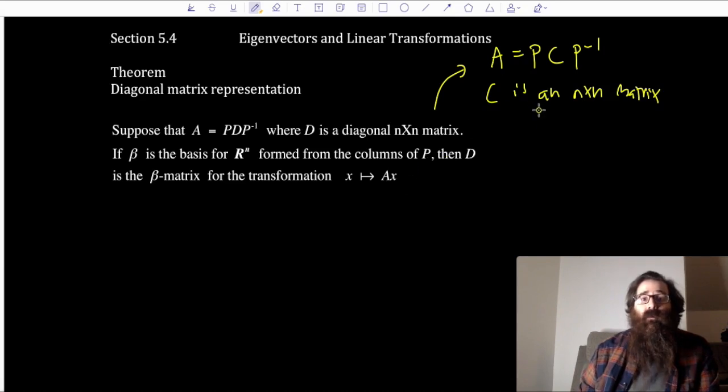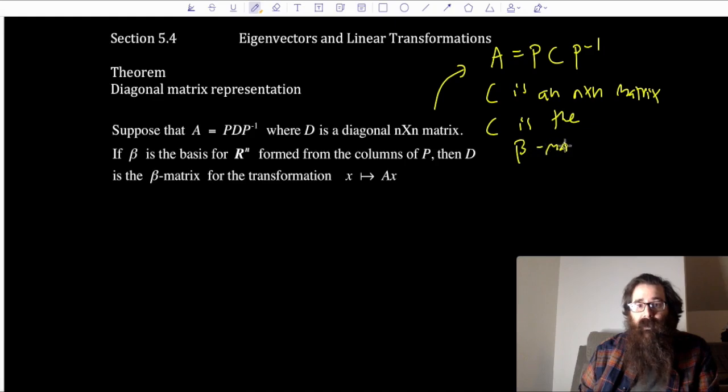Then we would still say that C, this matrix C, doesn't have to be diagonal anymore, that C is the beta matrix for the transformation mapping from x to Ax.